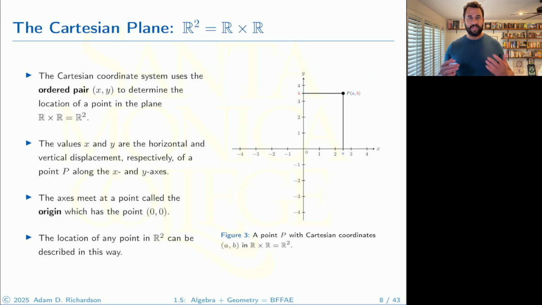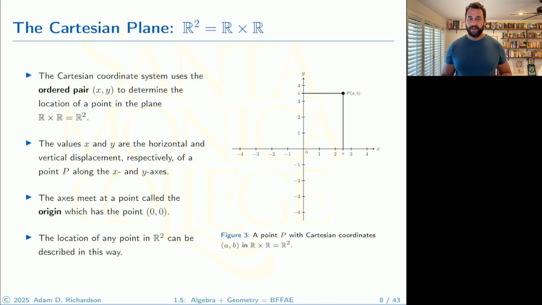This is very similar to the real line: if you pick any point on the plane, there's an ordered pair that corresponds to that point. And if you give me any ordered pair of two numbers, x and y, it corresponds to a point on the plane. So there's that correspondence.